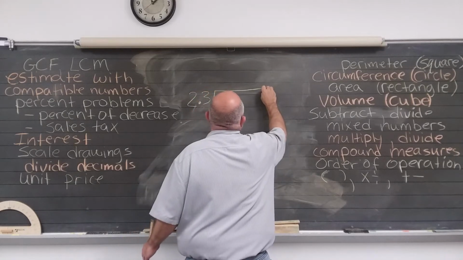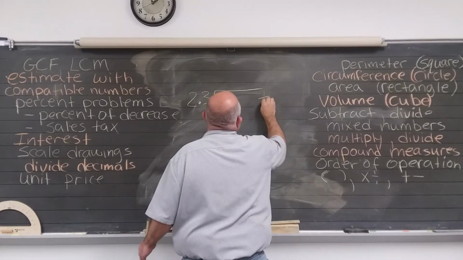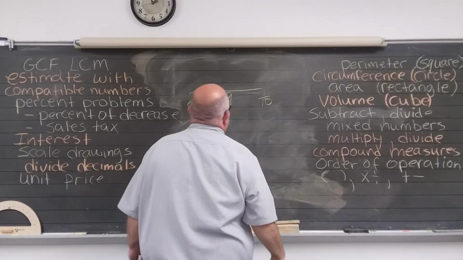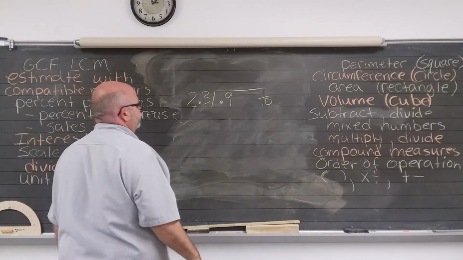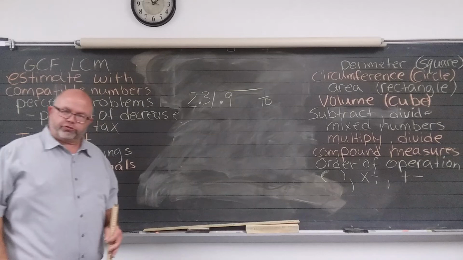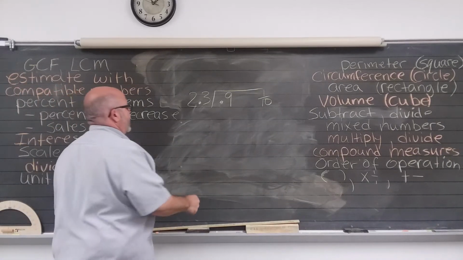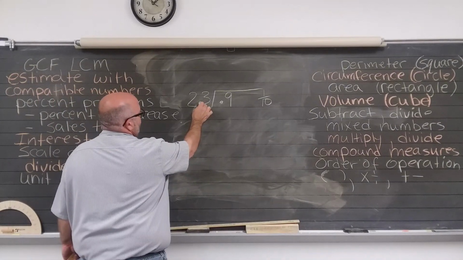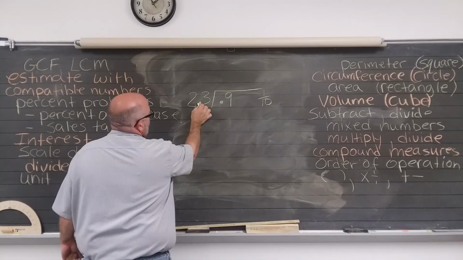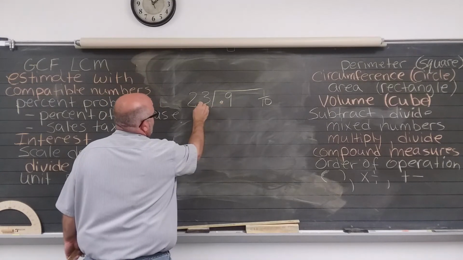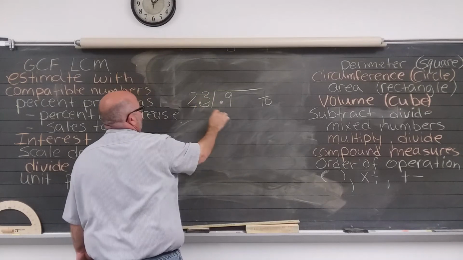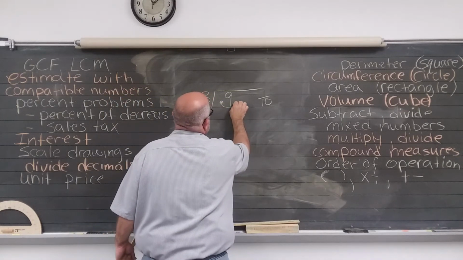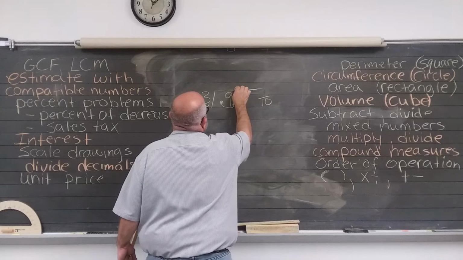And I want to round this number to the nearest tenth. All right? What do I do with my decimals? First of all, if there's a decimal in the divisor, what you're doing is multiplying both of these sides times 10. Just move it over one place on both of them. Move the decimal here so there is no more decimal. Move the decimal here so that your decimal goes straight up.